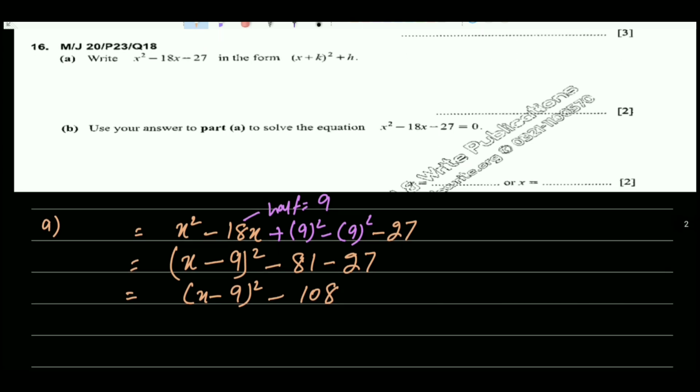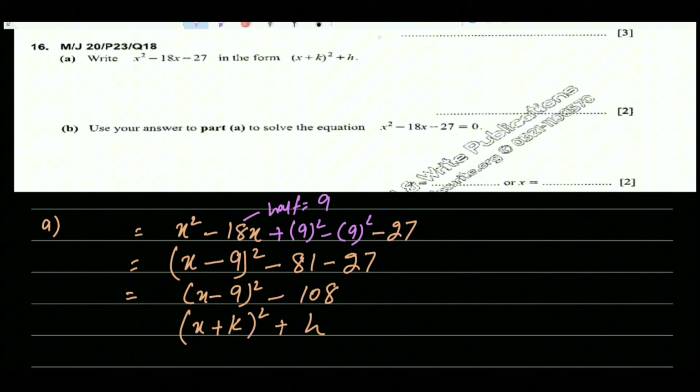That is our answer, because if we relate, (x plus k) whole square plus h was the form of the question. As you can see, this is the same form. k is minus 9 here and h is minus 108 here. So this is the way we will solve these types of questions.